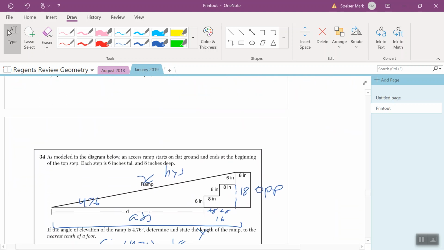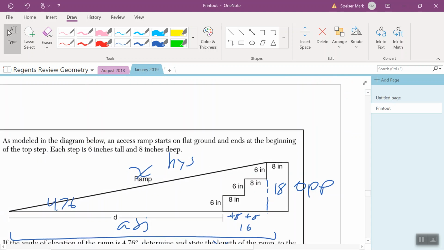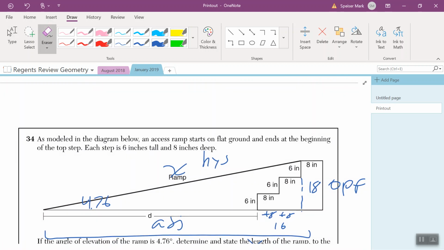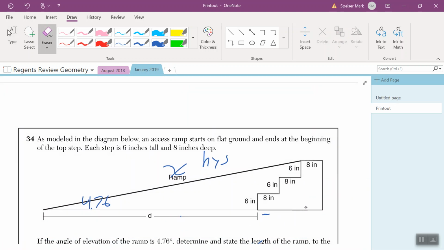Question 34. Model the diagram below. A ramp on flat ground ends at the beginning of the top step. Each step is 6 inches tall and 8 inches deep. The angle of elevation is 4.76 degrees.